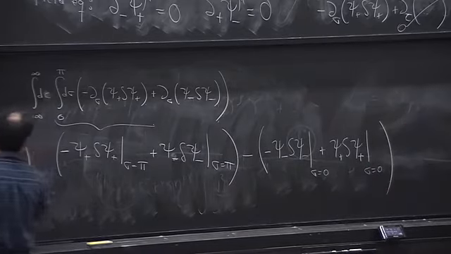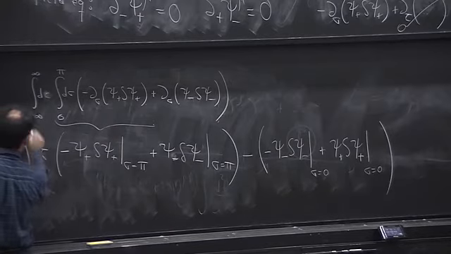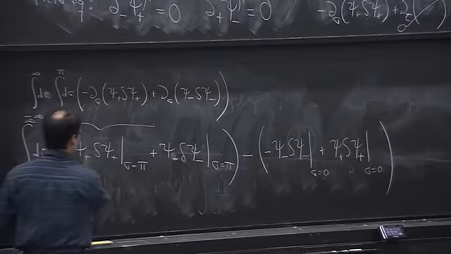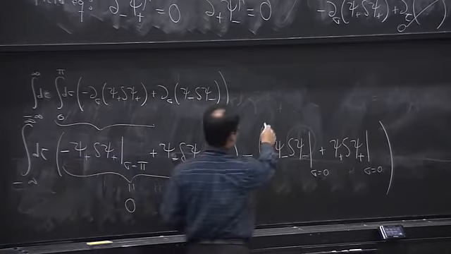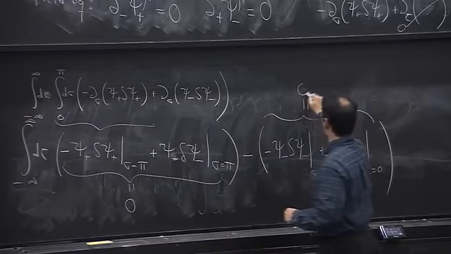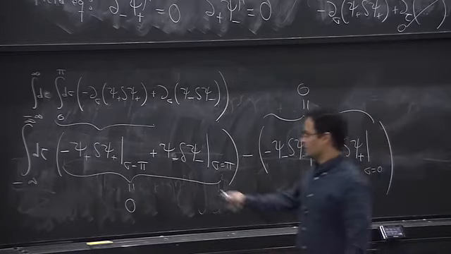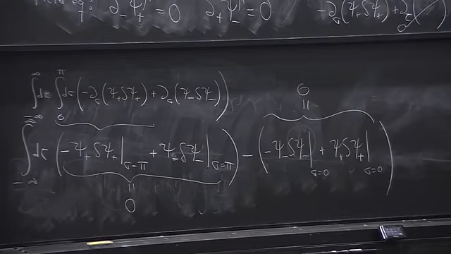And all this integrated in tau. So we want these things to be 0 independently. Okay, so those are the conditions we have to impose.